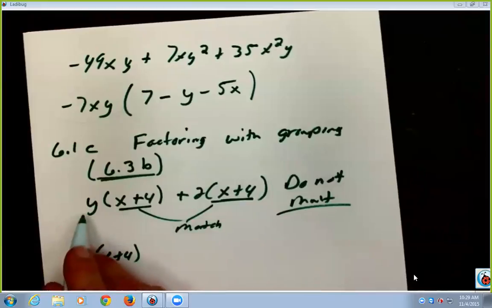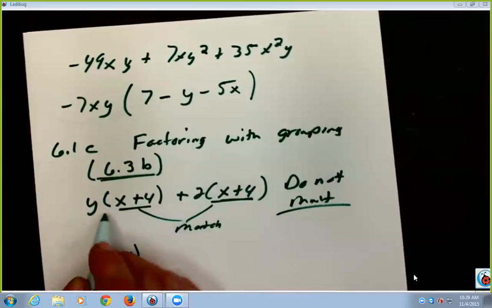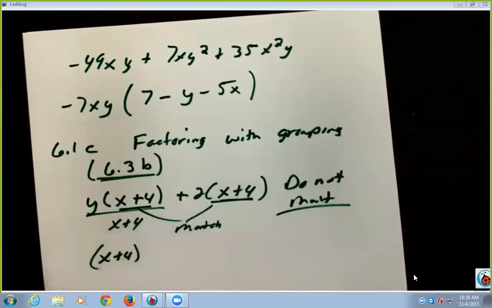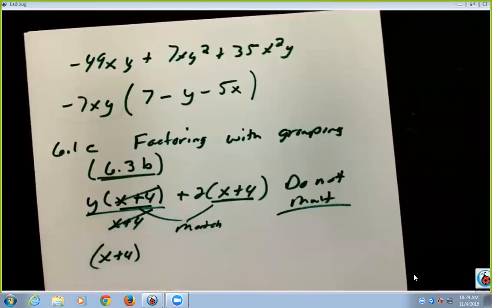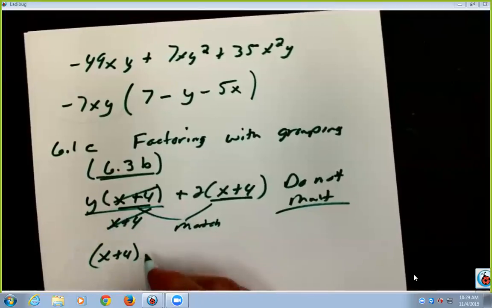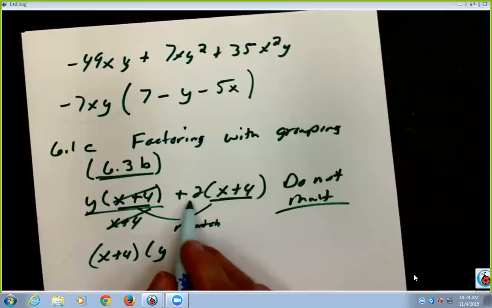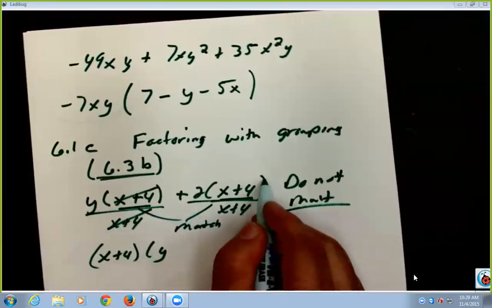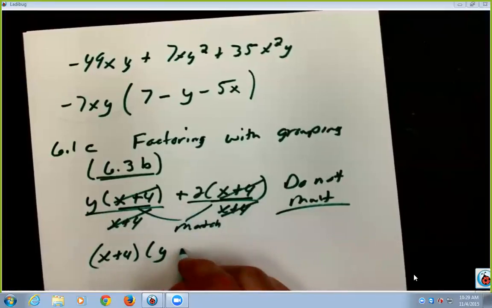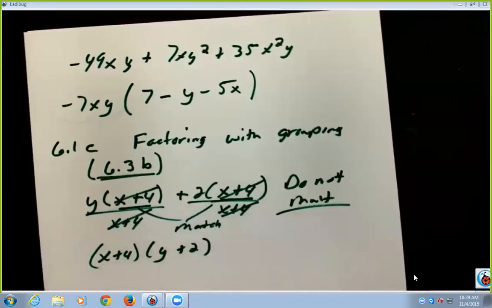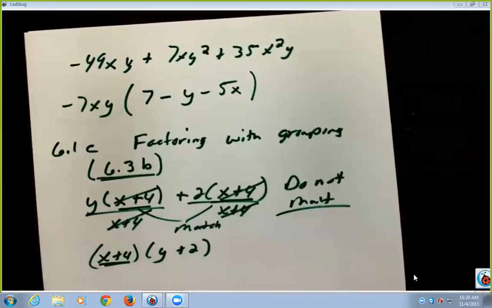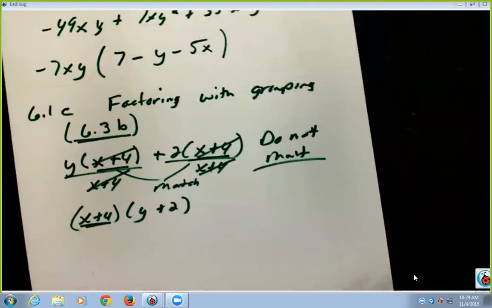If I put this whole thing over x plus 4, that whole piece will cancel out, leaving me with y. If I put this piece over x plus 4, these two pieces cancel out, leaving me with a 2. So I pulled x plus 4 out of it, and now what I have is 2 binomials. So I've got 2 binomial pieces in here that end up being my 2 factors. Is that okay?